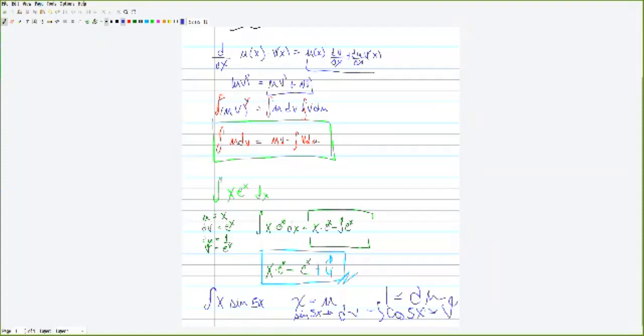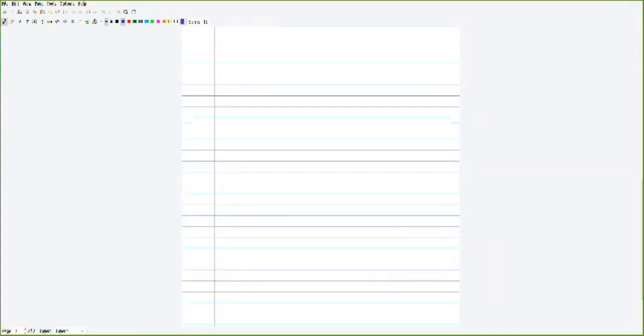Let me just go to the other page. So we have u, which is x, times v, which is minus cosine of 5x, so minus x cosine of 5x, minus the integral of v du, which is cosine of 5x times 1.